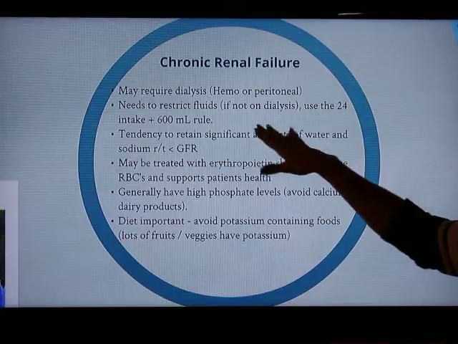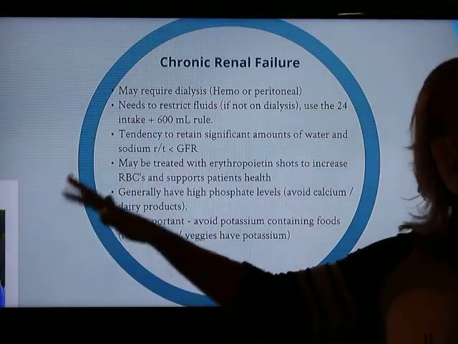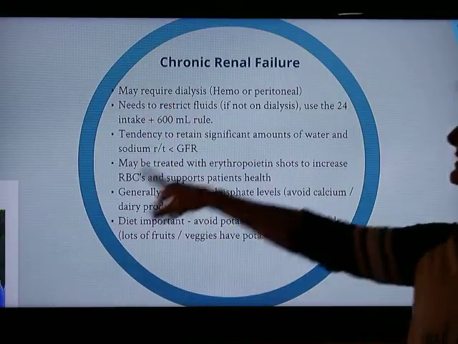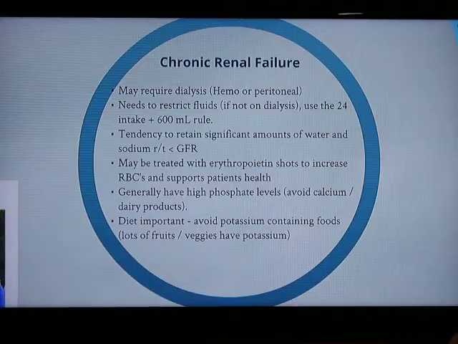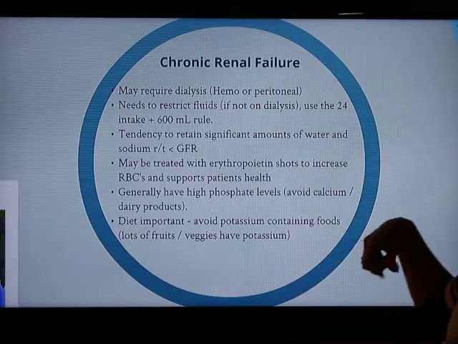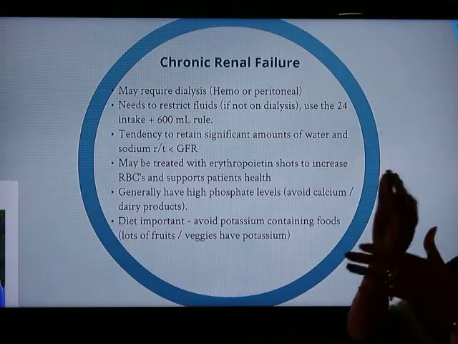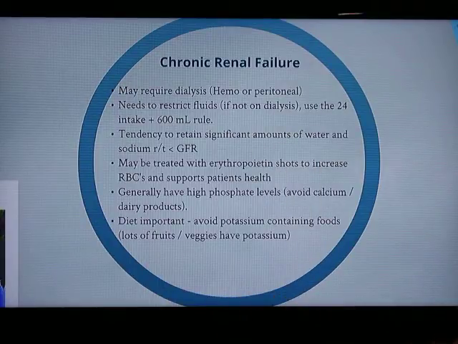Another thing that we do in our chronic renal failure is what we do in the oliguric phase with our acute renal failure patients: you do this 24-hour intake 600 milliliter rule, like I already talked about. They do tend to retain a significant amount of water and sodium as that glomerular filtration rate continues to drop off.